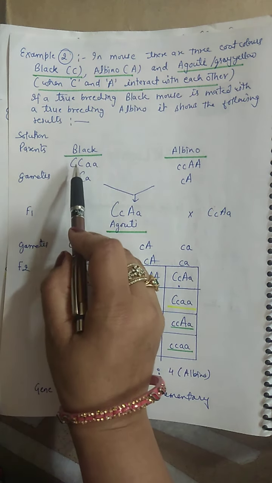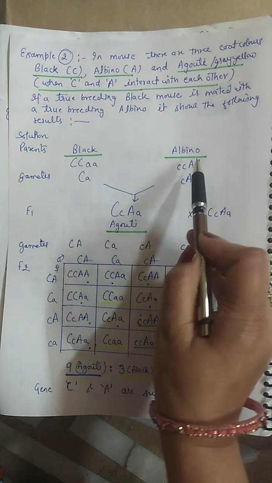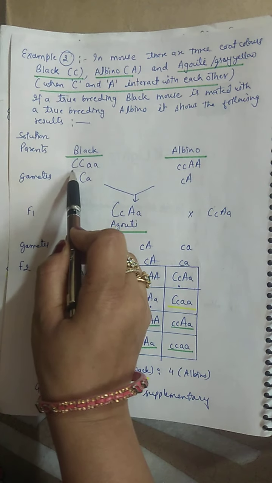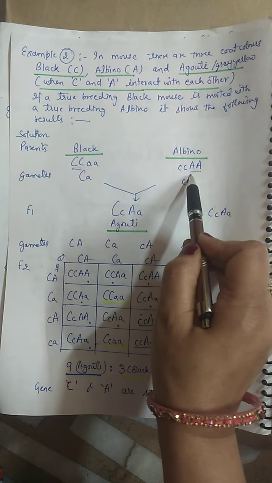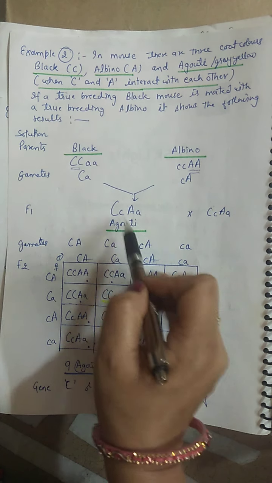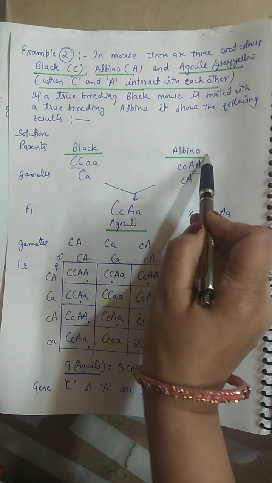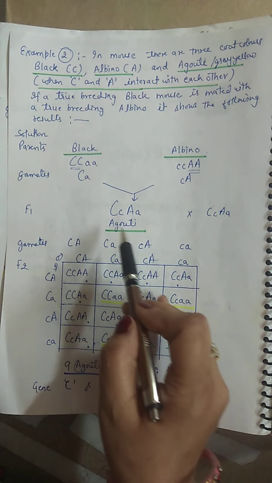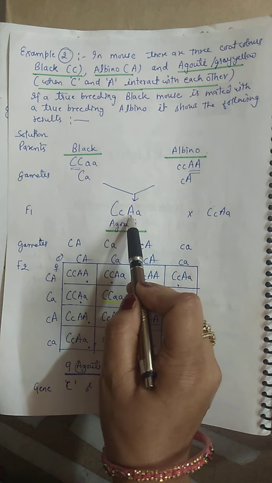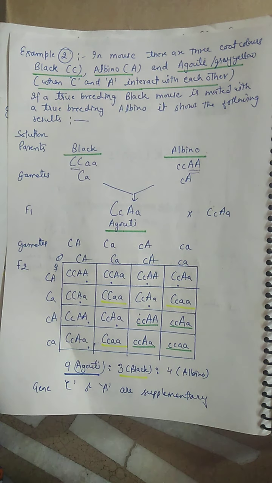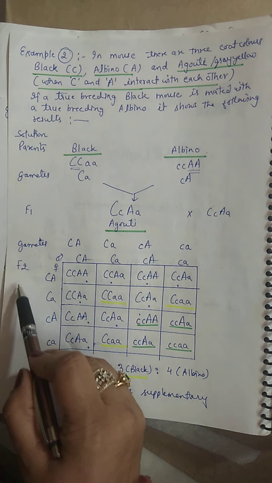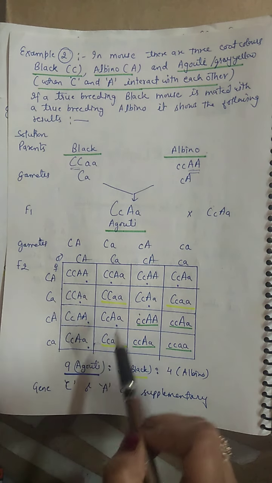If we breed a true breeding black mouse with a true line albino, black because of the capital C and albino because of the capital A, the F1 generation will be agouti, neither black nor albino, because this is due to the supplementary action. The C and A, both dominant genes, have interacted and a third type of color is formed. Now form the gametes and form the F2 generation like the same we have done.